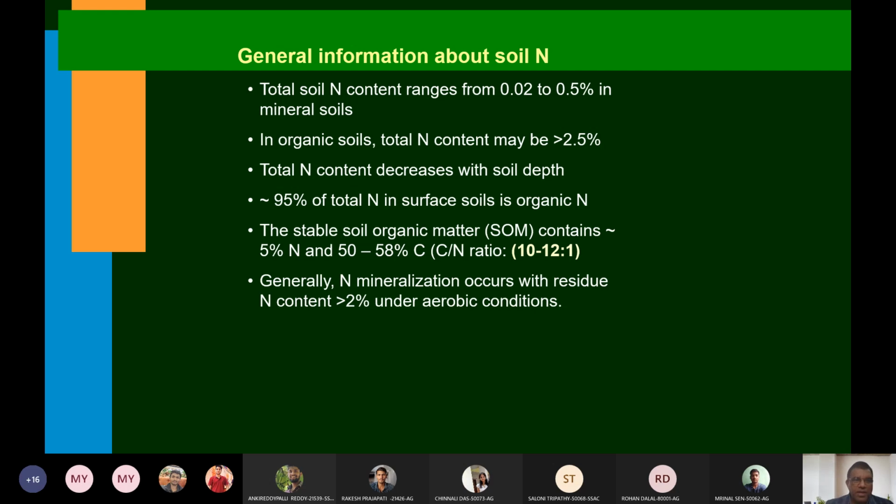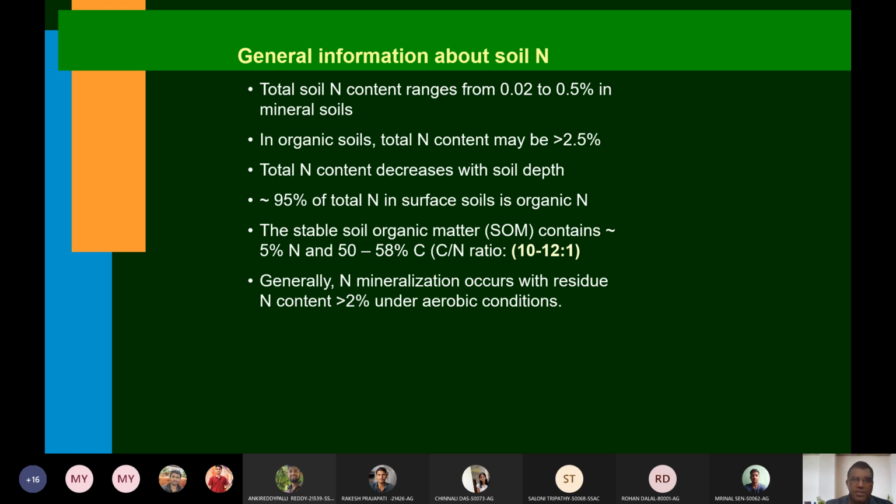So total nitrogen content in soil ranges from 0.02 to 0.5%. These are mean values, average values. In organic soils, total nitrogen content may be more than 2.5%. Total nitrogen content decreases with soil depth. As you go deep, the total nitrogen content decreases.